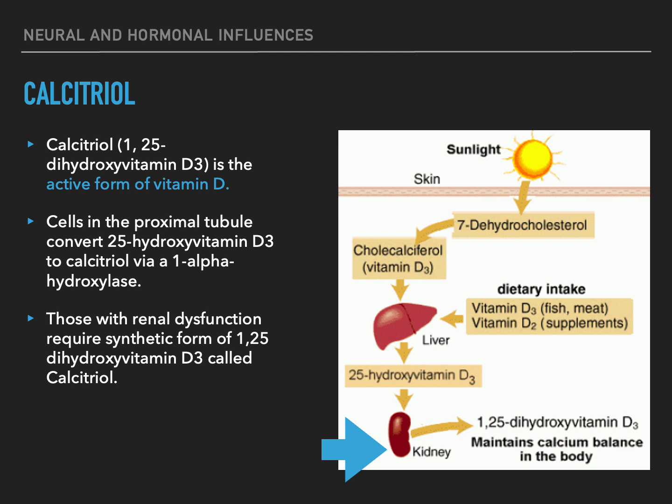But the kidney makes that final conversion from 25-hydroxyvitamin D3 to 1,25-dihydroxyvitamin D3, which is the pivotal step in making it active and useful for calcium balance in the body. This conversion in the kidney is done in the proximal tubule via a 1-alpha hydroxylase.